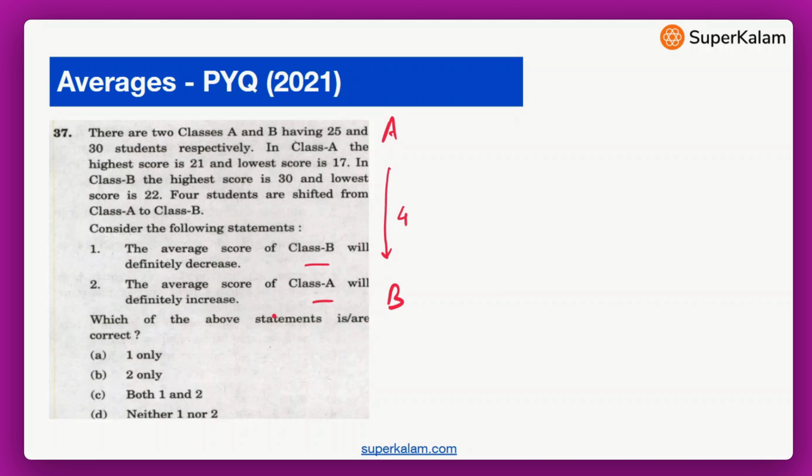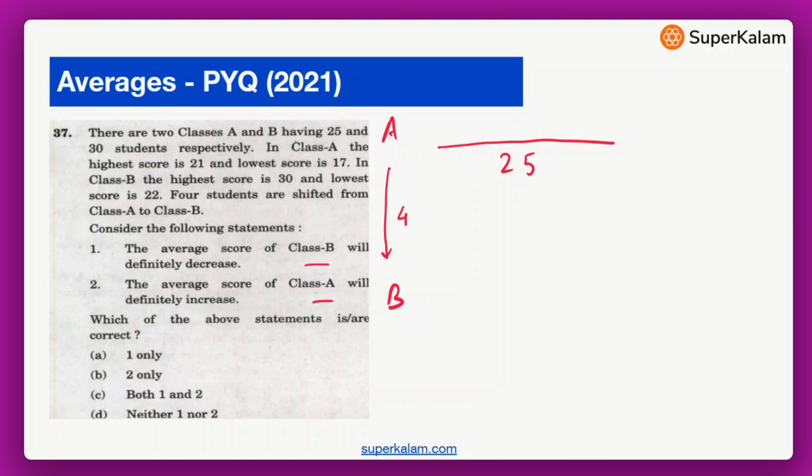Initially, when these four students were not shifted, what was the formula for calculating the averages? In the numerator we take the sum of the scores of the students of class A divided by the number of students in class A, that is 25.